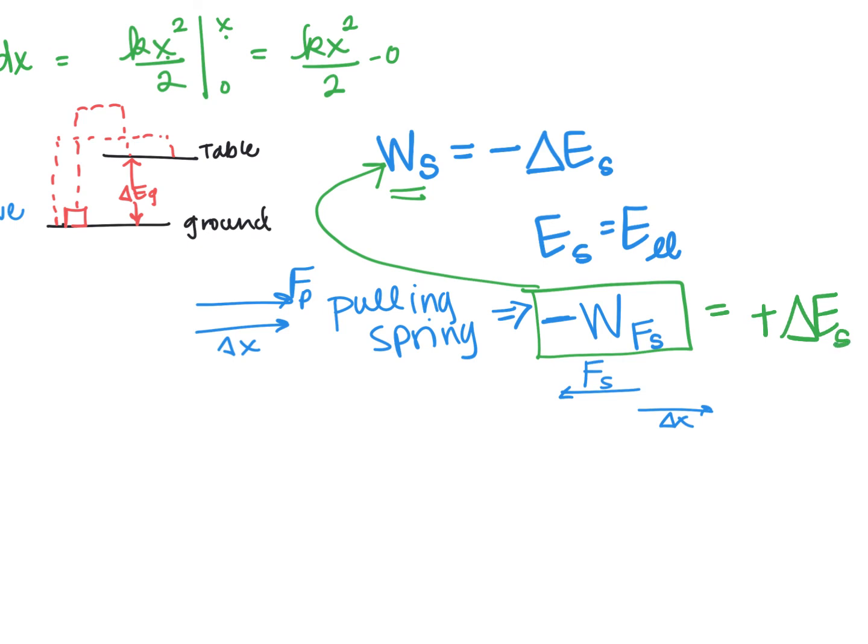It's just like these signs have flipped sides here. So when we stretch the spring, we do positive work and we are adding energy to the system, and the spring force is doing negative work. And so that is how that negative sign works up there.